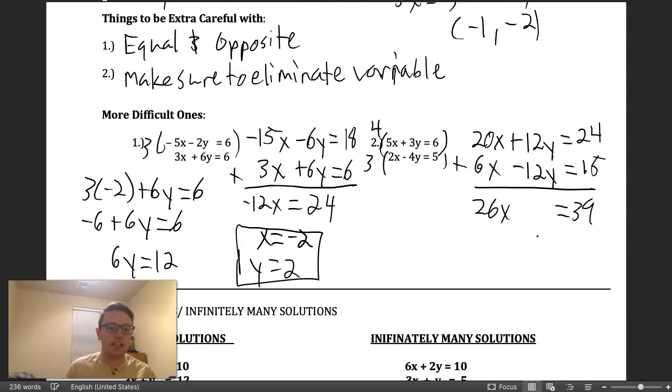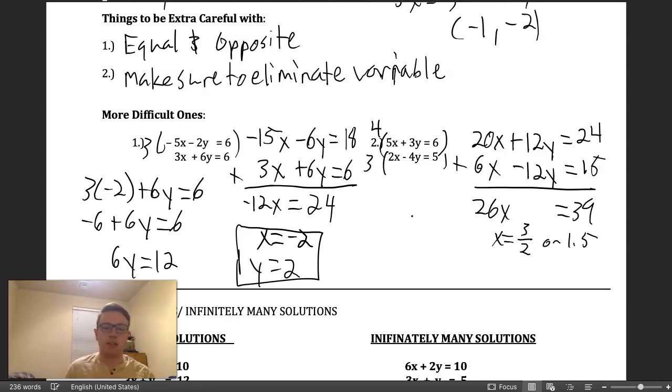From here, we're going to divide this. It'll come out to be some ugly fraction, but we can just use the math frac button to simplify it. Looks like that's going to come out to be x is equal to 3/2, or 1.5. From here, we're still going to substitute this back in. So let's substitute that back into this bottom one.